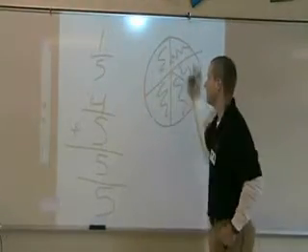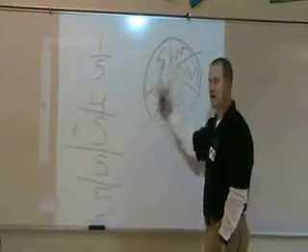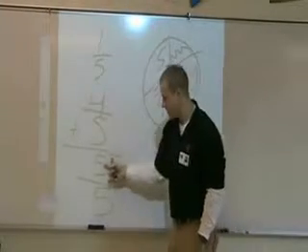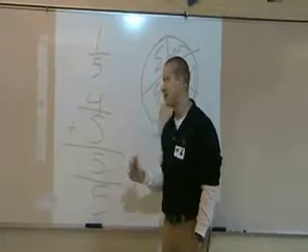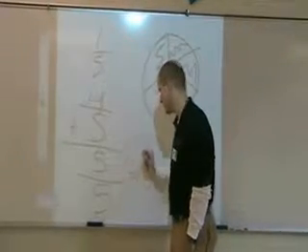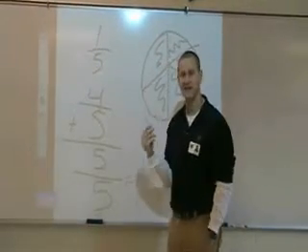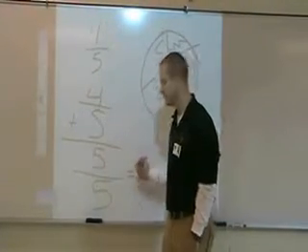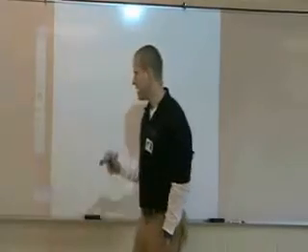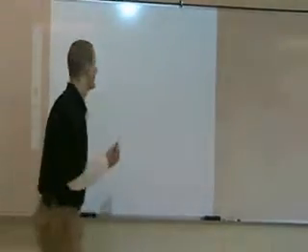Doesn't that fill up my entire tray? So is that a whole tray? Yes, it is. So when the numerator and the denominator are the same, that makes it a whole number. So that means it would be 1, because in essence, 5 divided by 5 equals 1. Now, here's where it can get a little bit tricky.